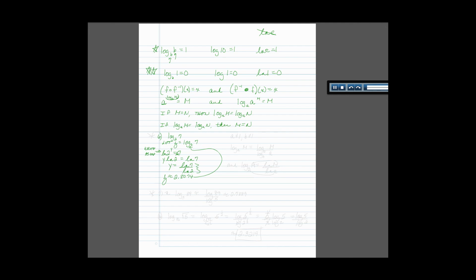Alright, last thing on this set of log properties is the change of base formula. It says if a is not equal to 1 and b is not equal to 1 and a, b, and m are positive real numbers, then the log base A of m is equal to the log base b of m over log base b of a.